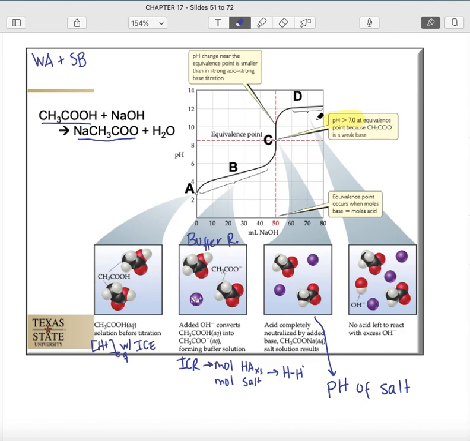So for part D, we basically would find the number of moles of the base, NaOH, in excess. And from that information, we could then find the molarity of hydroxide ions, and from that, the pOH and the pH. So this region D is actually the exact same calculations that we did for region D for the strong acid, strong base titration. Exact same calculations.